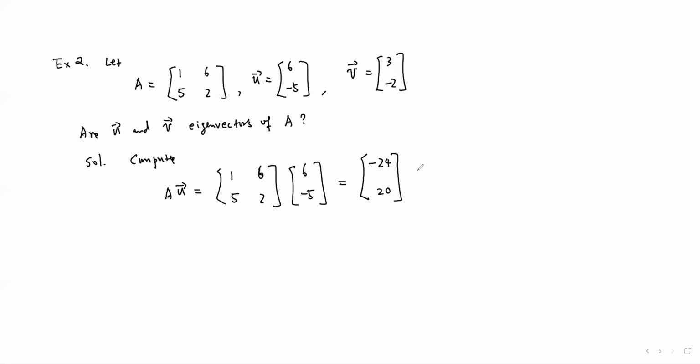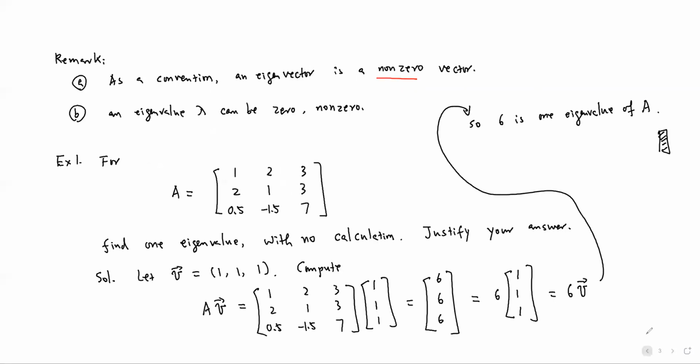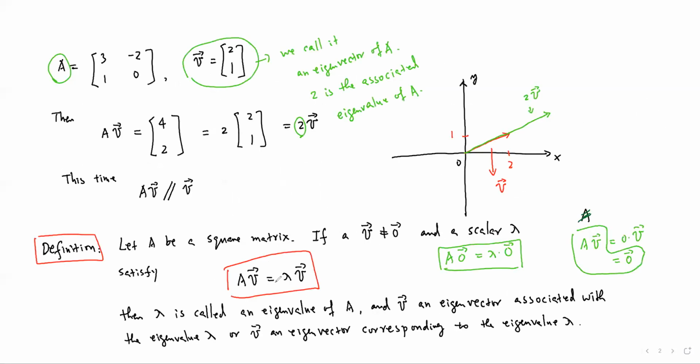Now let me take out the common factor negative 4. Then I get 6, negative 5, which is U. Negative 4 times U. So this equation in the definition is true.